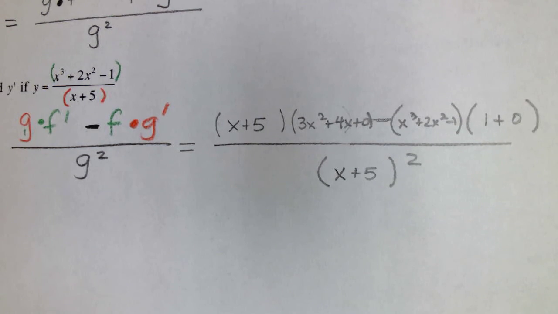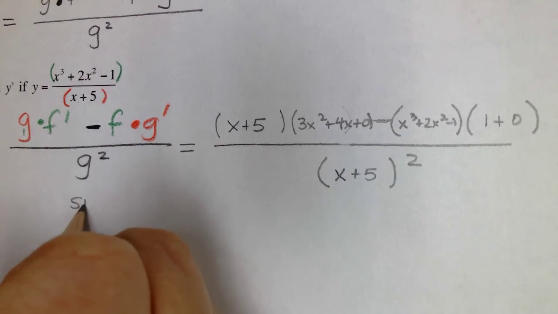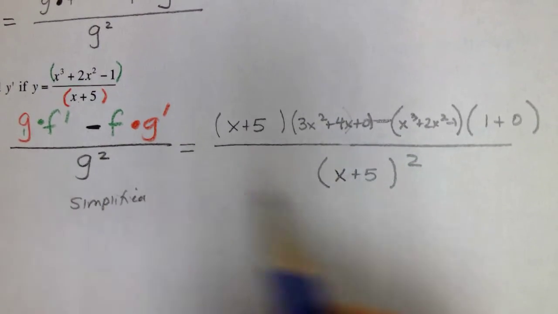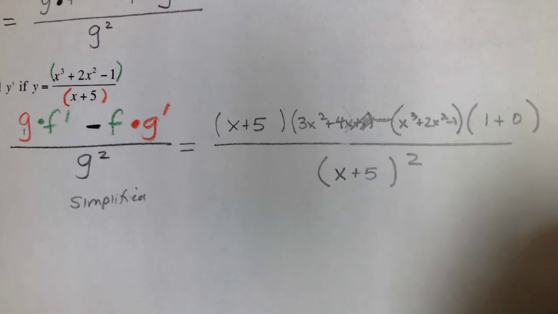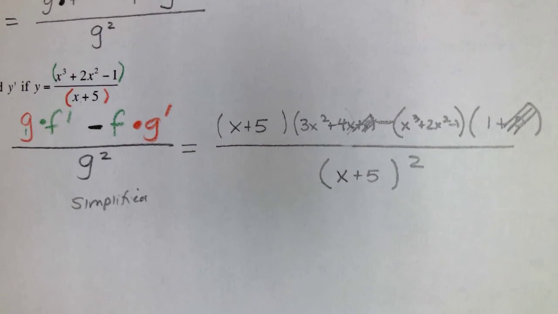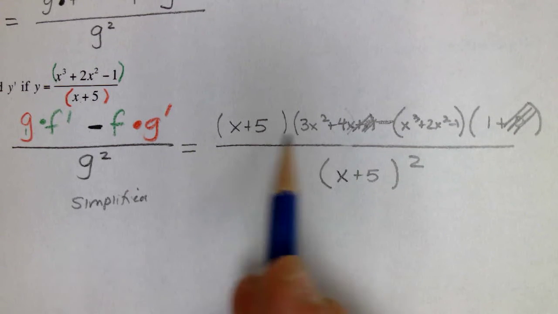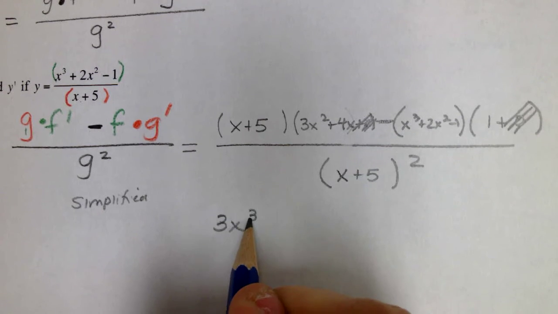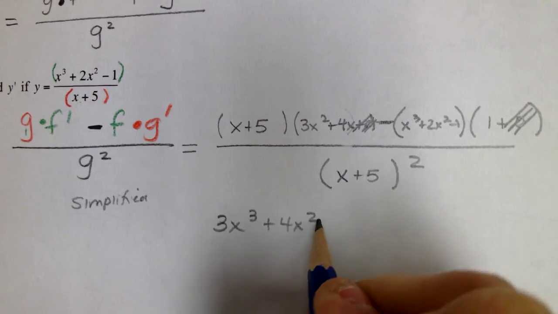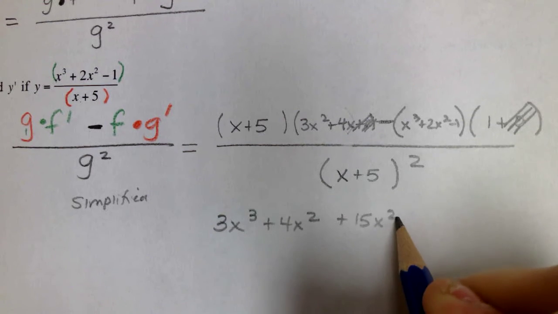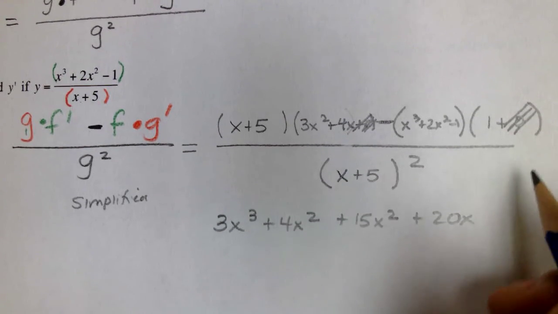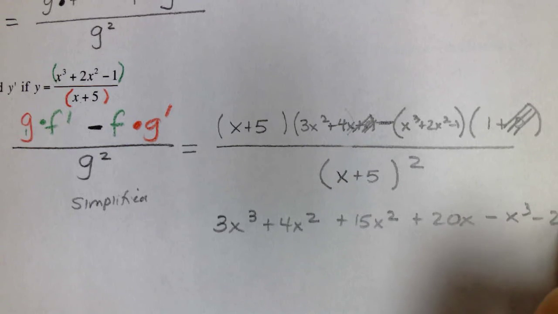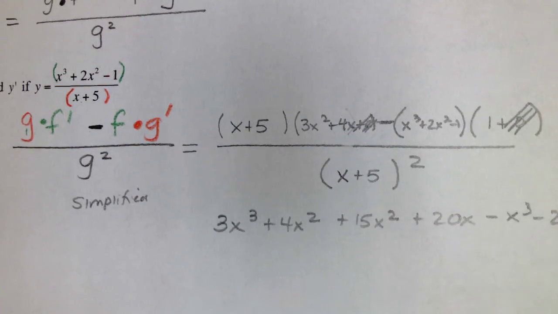Now I'm going to do all the algebra to clean it up. That would be an acceptable form if they just said any form. If we want to simplify, we're going to FOIL up top. So the plus 0 goes away. We can get rid of those. Over here, we're going to FOIL, and we're going to get 3x to the third plus 4x squared plus 15x squared plus 20x minus x cubed minus 2x squared plus 1.